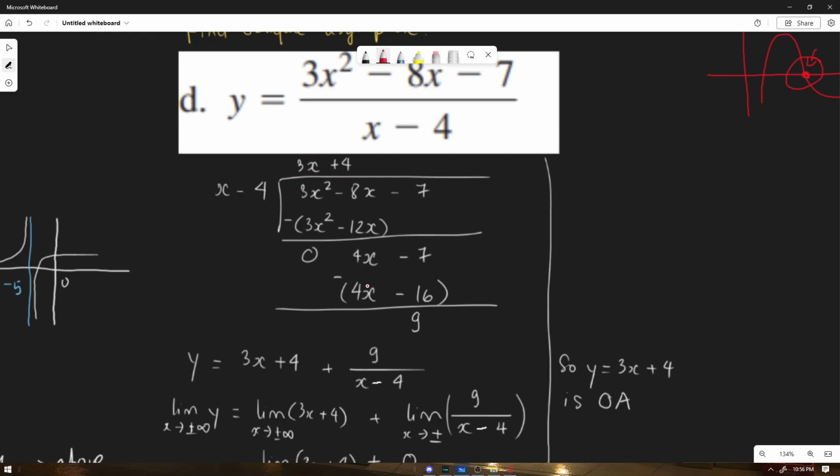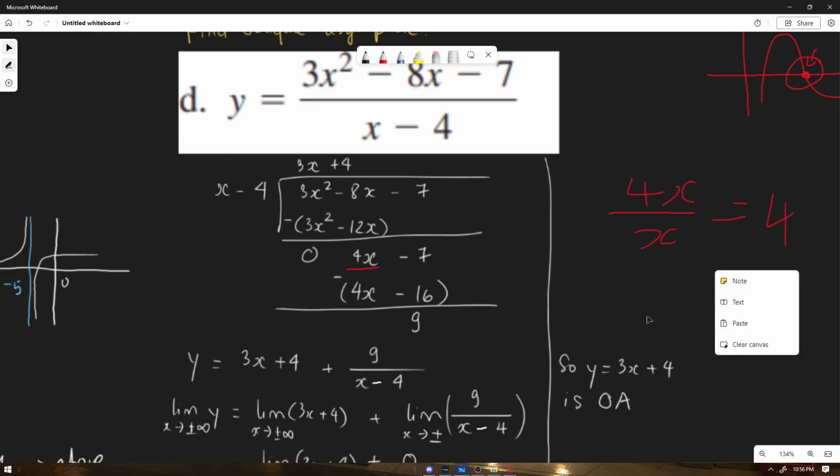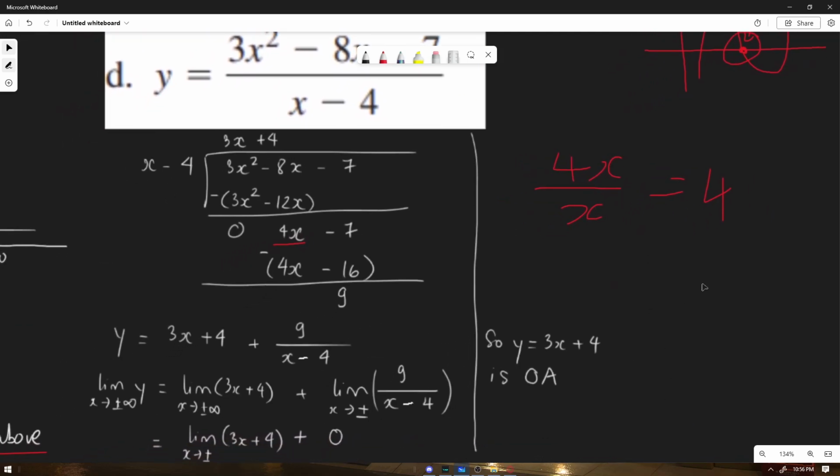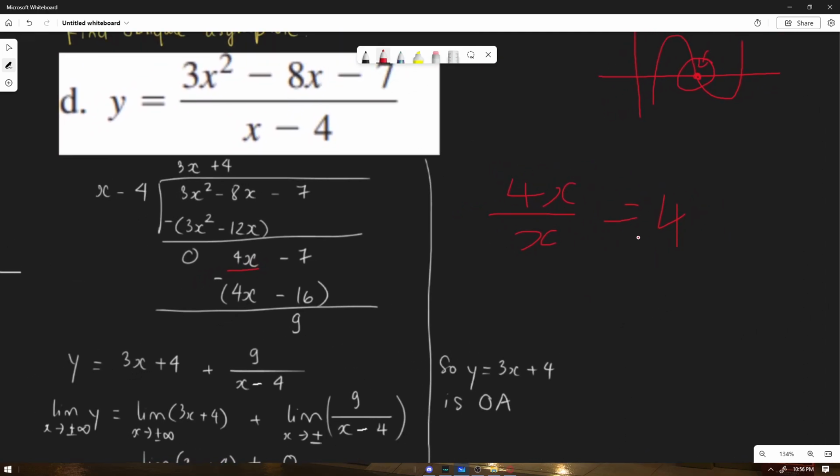So how do we get this 4x here is this exact same thing. You're just going to take the 4x that we have gotten after subtracting these two, 4x over x, which will equal 4. Oh my god, I just moved the whole thing. Now, after getting the 4, you're going to just put it right over here. After doing that, then you get negative 16 by multiplying, as I said.